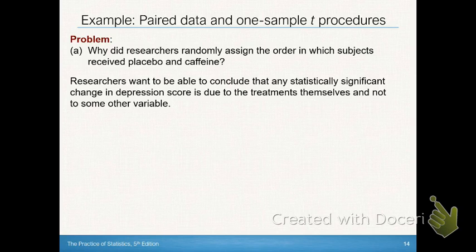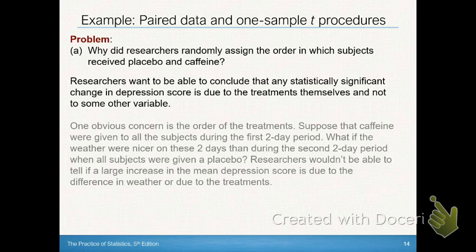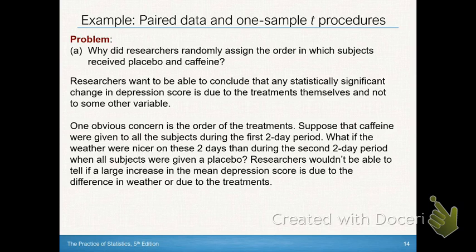So maybe something unusual happens on day 2 and everyone's a little different on day 2 than they were on day 1, like maybe they didn't get enough sleep the night before because there was a thunderstorm. By flipping a coin and having some people get the placebo first and some get the caffeine first, that's going to help with that.